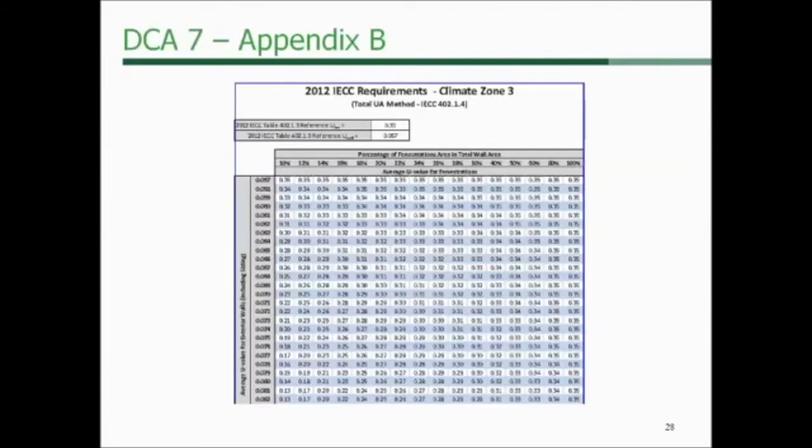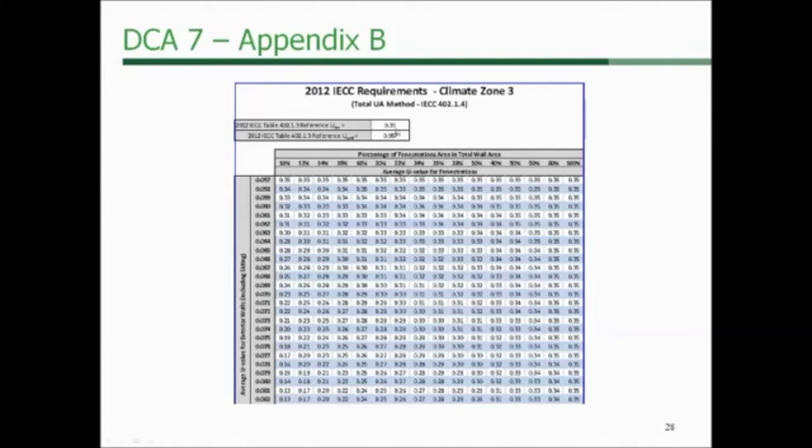So, moving on to Appendix B in DCA7. These are where you have that trade-off between walls and fenestration values. This is climate zone 3, because there's a table for each climate zone, and it lists right at the top what the reference values it's assuming are. These are pulled right out of the U factor table.